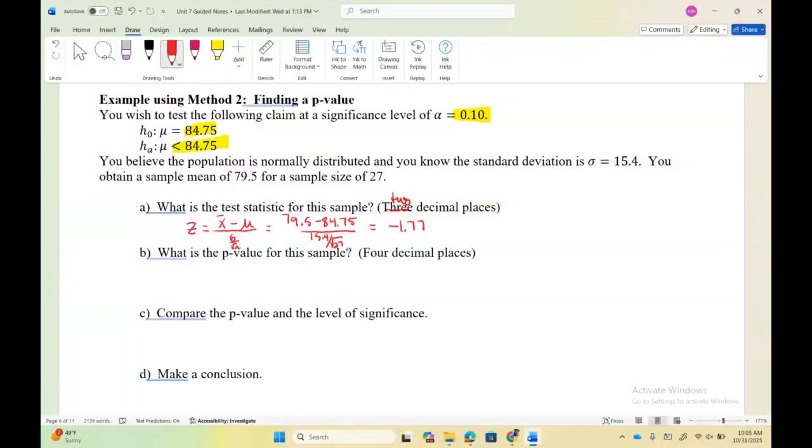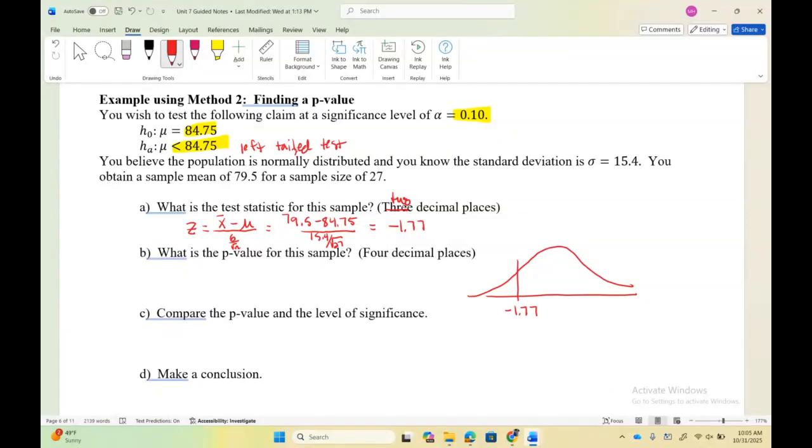All right, p-value. So I need to look here. All right, since this is my alternative hypothesis, I'm doing a left-tailed test. Okay, so that tells me I want to find the area to the left of negative 1.77.